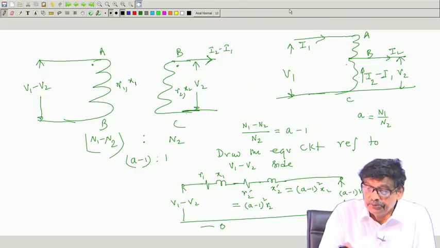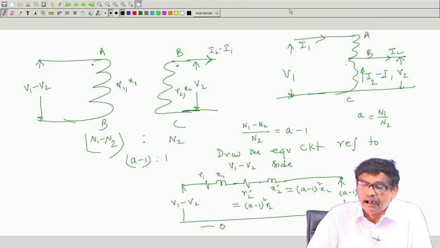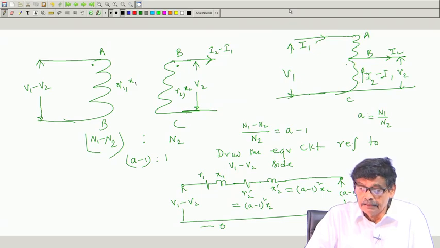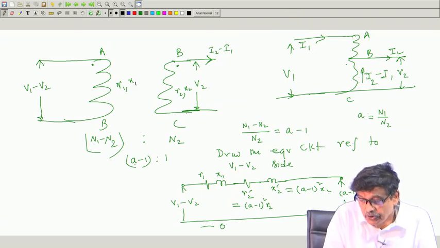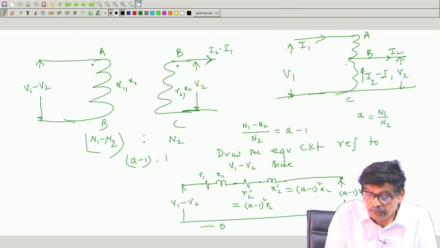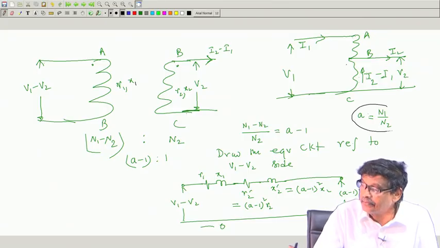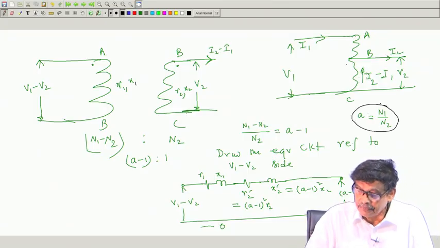Therefore, between these two windings I can apply all the rules that I have applied for a two winding transformer, having turns ratio A minus 1 is to 1. What is A? A is N 1 by N 2, that we know.